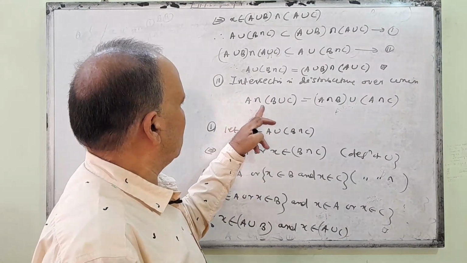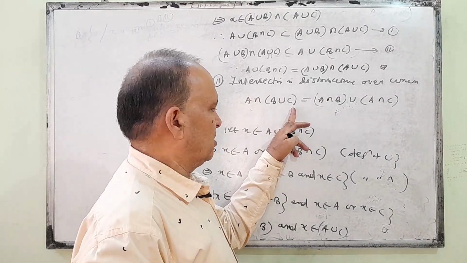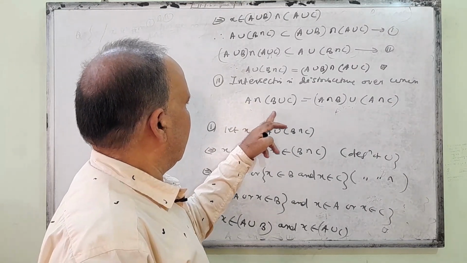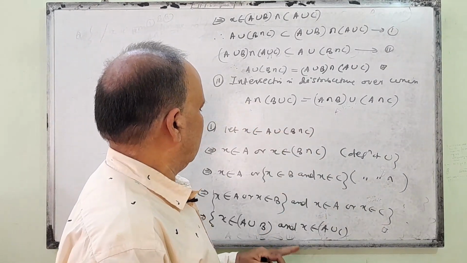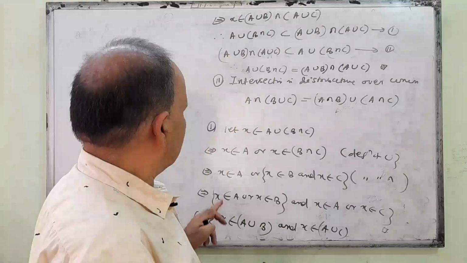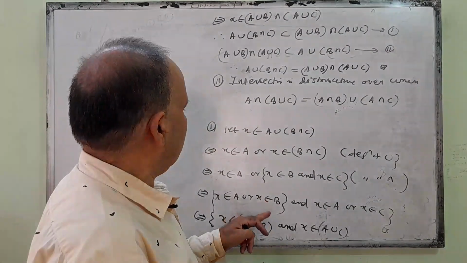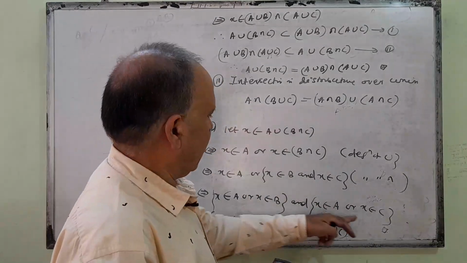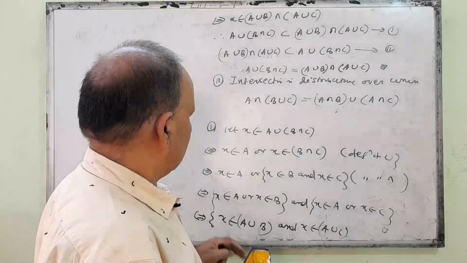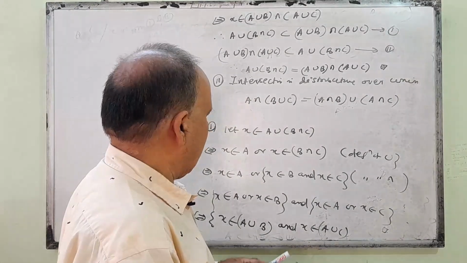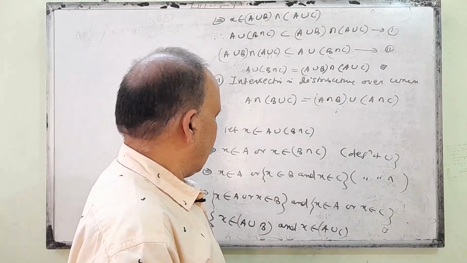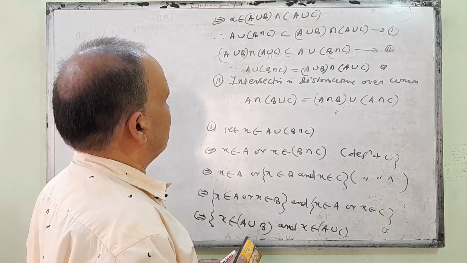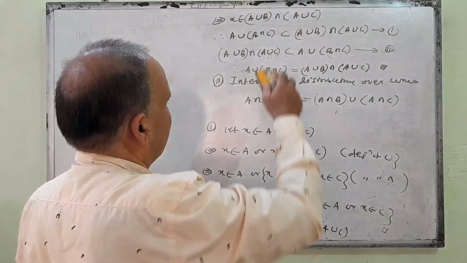This is implied by x belongs to A and x belongs to B union C. This implies that x belongs to A and, in brackets, x belongs to B or x belongs to C. Then you write x belongs to A and x belongs to B, or x belongs to A and x belongs to C. So you can write x belongs to A intersection B or x belongs to A intersection C. This implies that x belongs to (A intersection B) union (A intersection C).